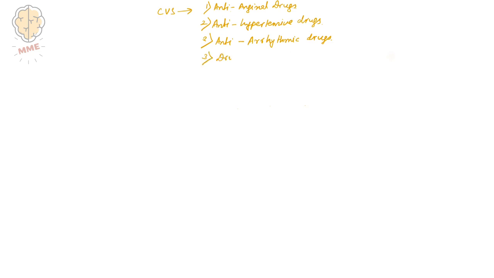Now, CVS can be divided into four main parts. Those are anti-anginal drugs, antihypertensive drugs, antiarrhythmic drugs, and the last one, drugs on congestive cardiac failure.